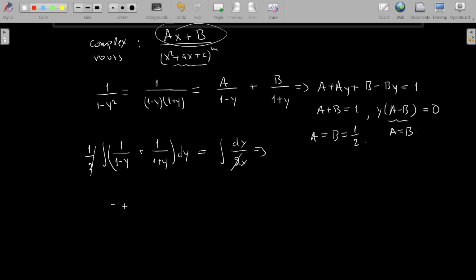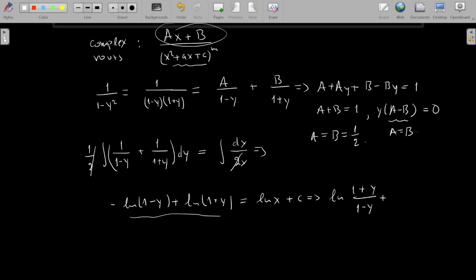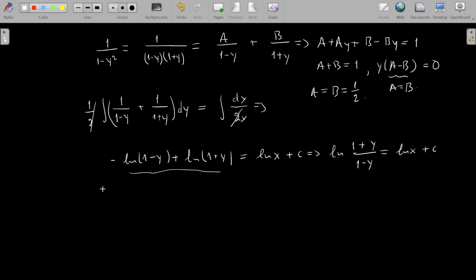So this is just minus ln of 1 minus y plus ln of 1 plus y is equal to ln of x plus a constant, which can be rewritten as ln of (1 plus y over 1 minus y) equal to ln of x plus a constant, and finally 1 plus y over 1 minus y is equal to a constant times x, and this is written in its implicit form.